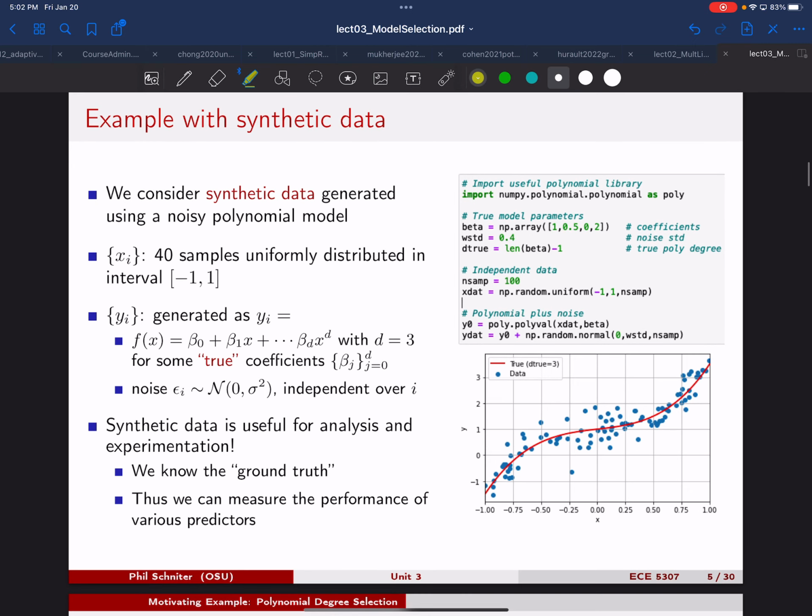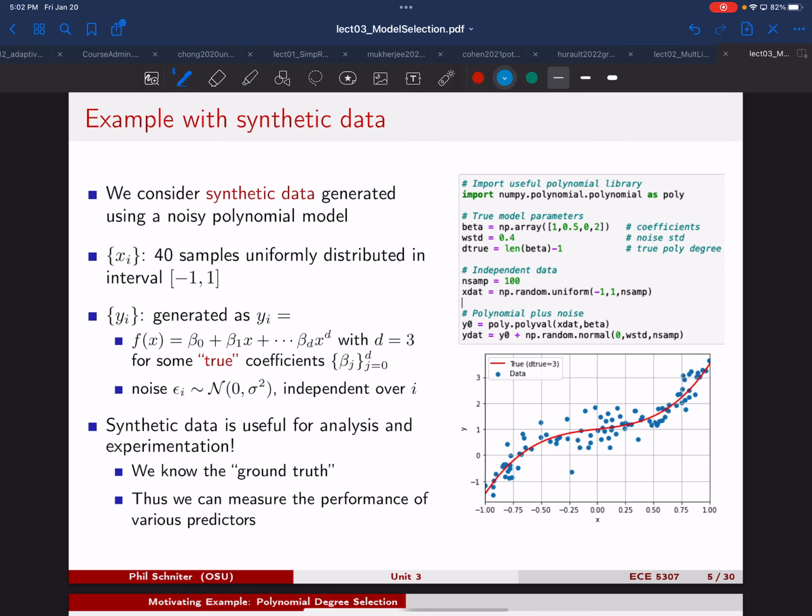In this unit, the data set we're going to play with is not actually going to be a real data set, it's going to be a synthetic data set. What's nice about synthetic data is that when we create it, we can control it, we know the truth, and we can compare how well predictions work relative to the truth. It's very convenient.